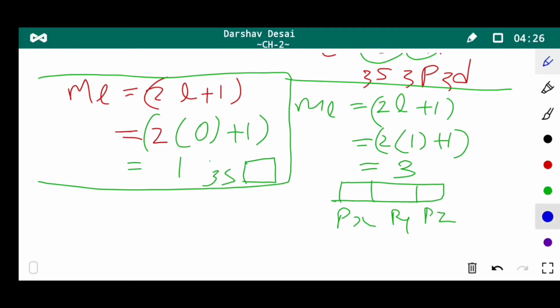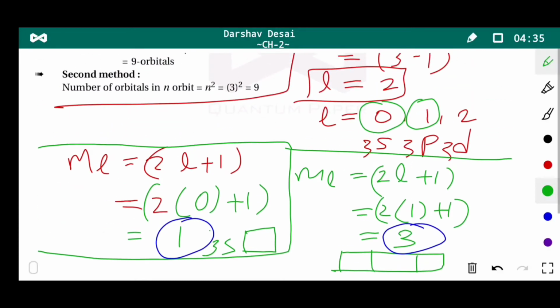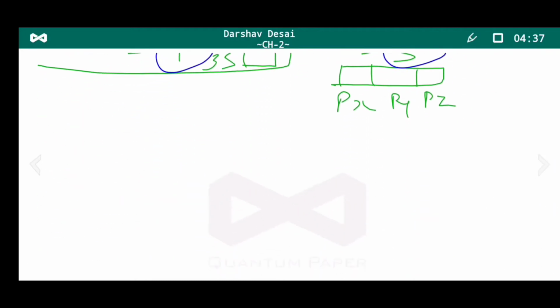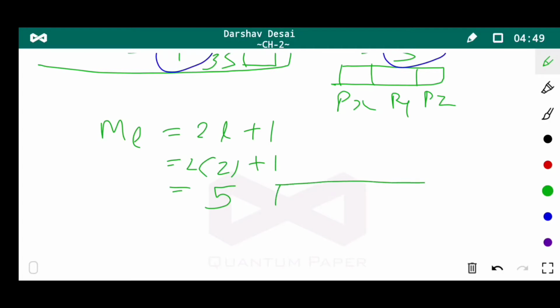Now the last, if l is equal to 2, then ml is equal to 2l plus 1. So 2 into 2 plus 1, 2 twos are 4 plus 1, 5. So here total 5 subshells are present.